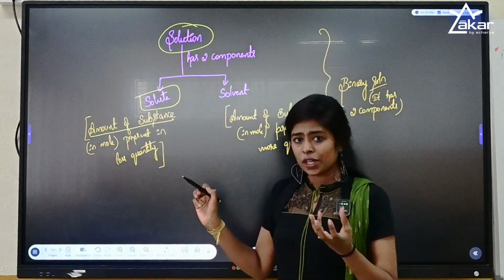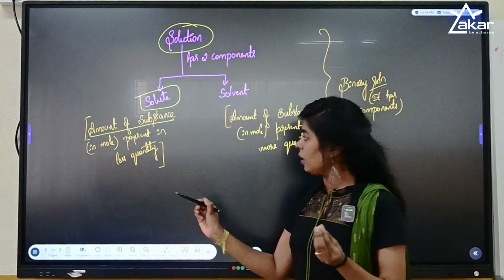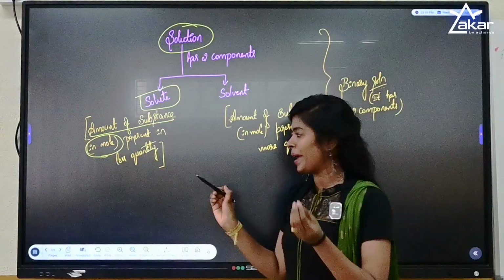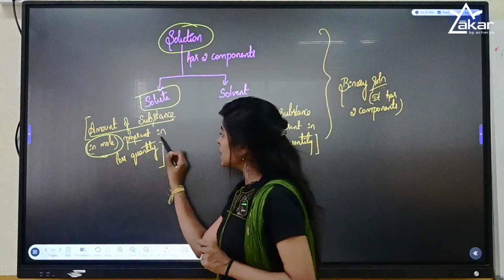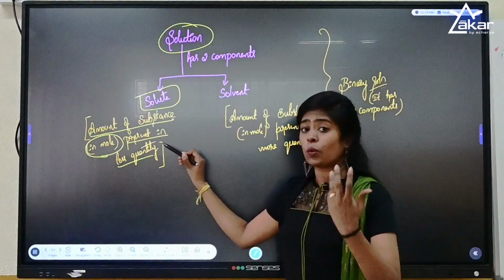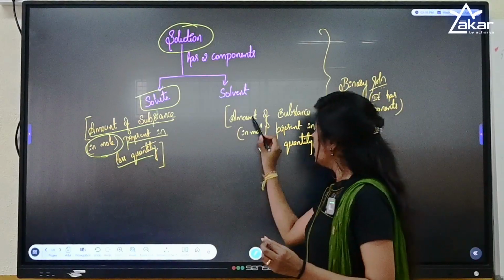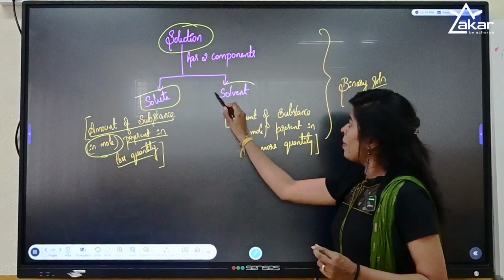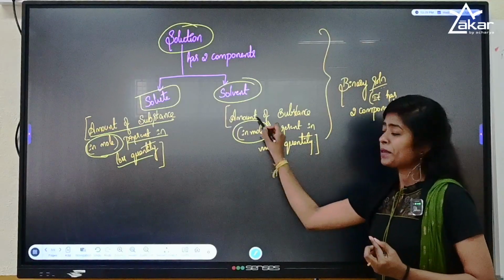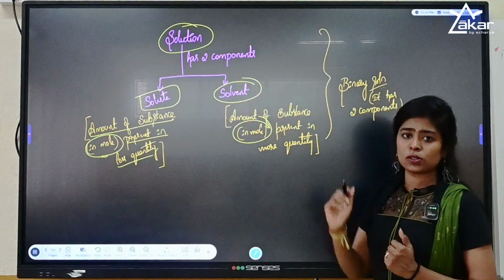When I say amount of substance, I am concentrating in terms of moles. Amount of substance present in less quantity, that we call solute. Solvent means amount of substance that is present in more quantity, in terms of moles. That is nothing but our solvent.